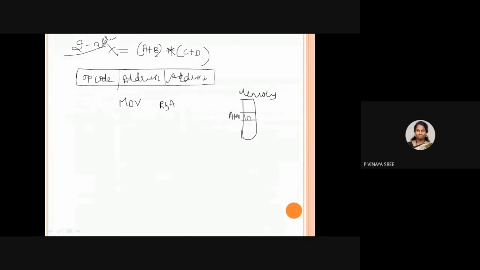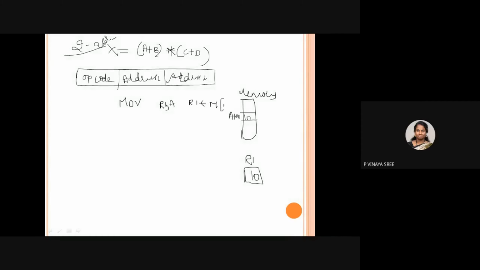That 10 will be moved into register R1. Previously, suppose R1 had 20, that will be overwritten and you will get the value 10. So for move R1 comma A, the mnemonic is R1 gets M of A.